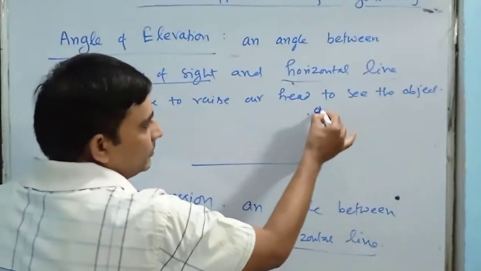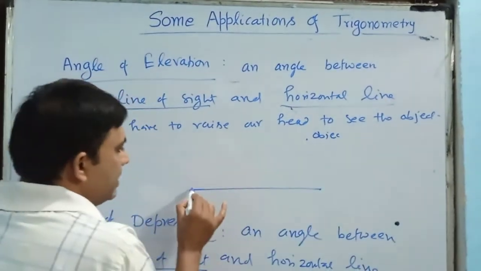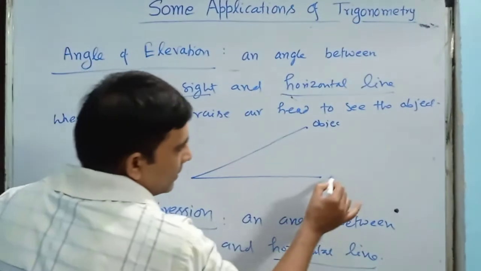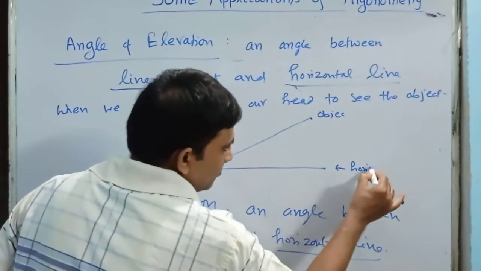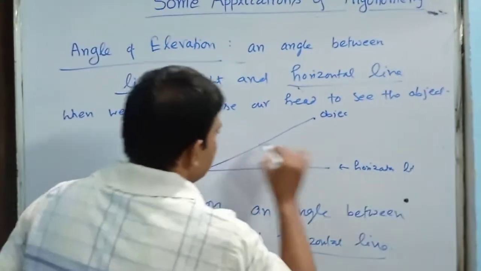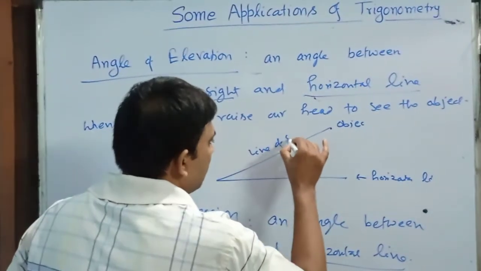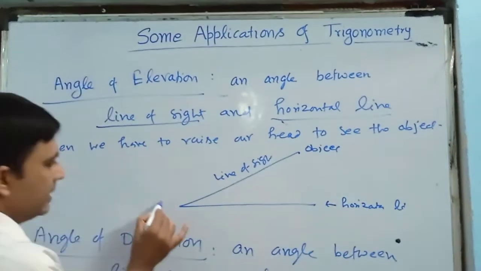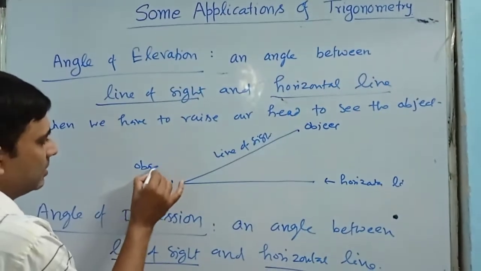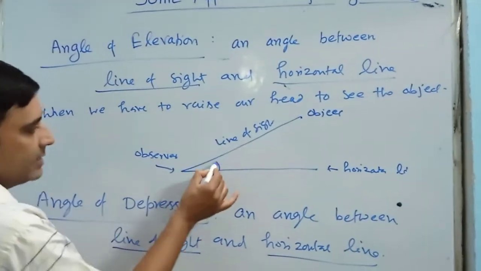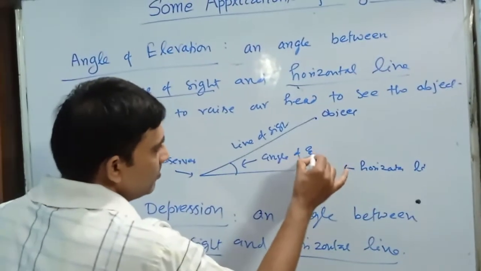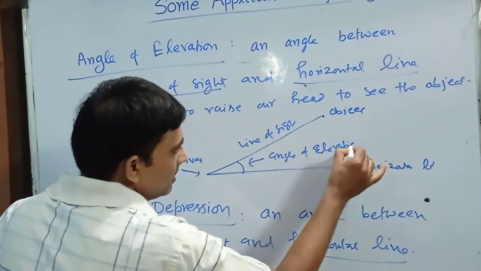Here is object and here is observer, right? And it is horizontal line. It is line of sight. It is object. And here is observer, and this angle is called angle of elevation.